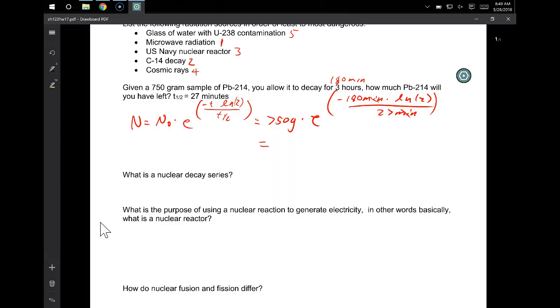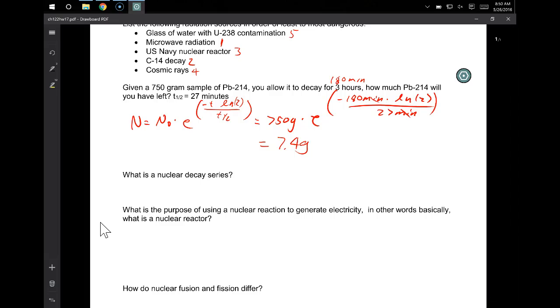And what do we got here? 7.4 grams. Did you get something like that?